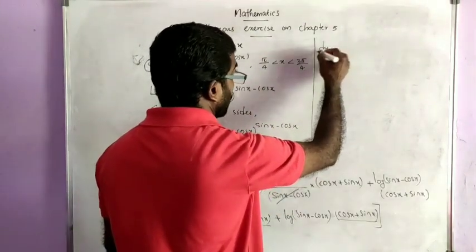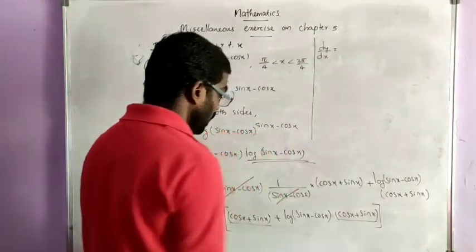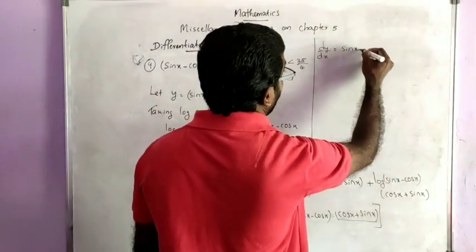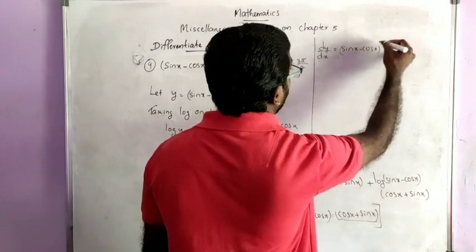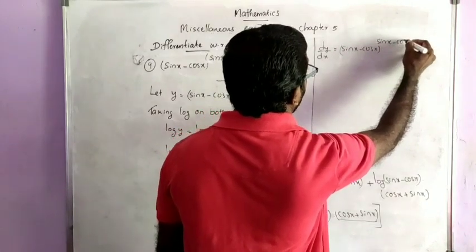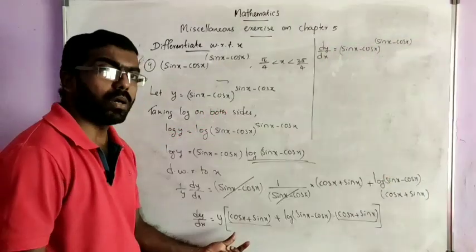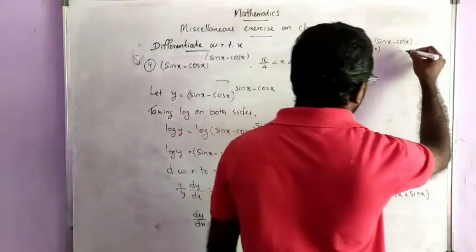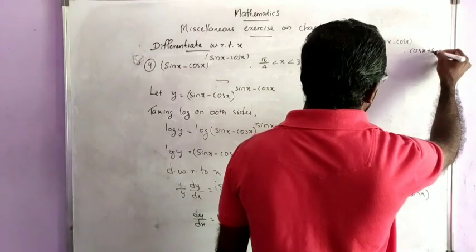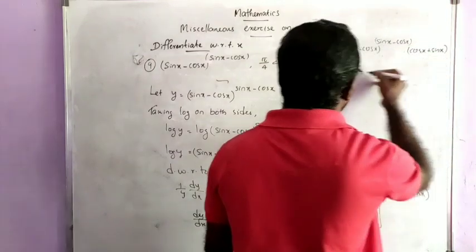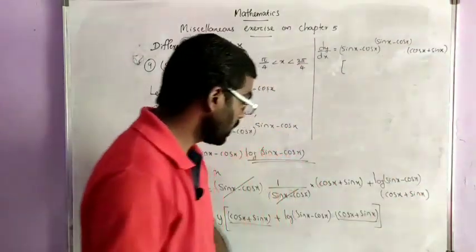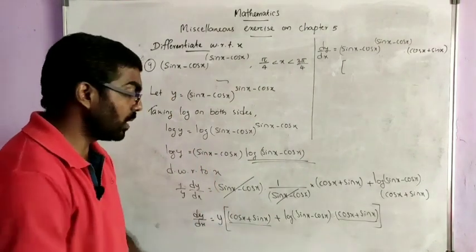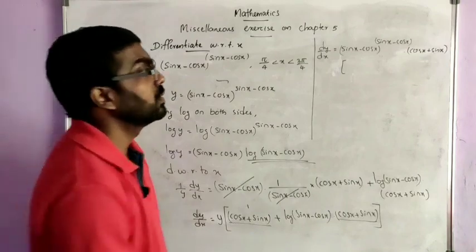So dy by dx is equal to, first of all we can write the y value, that is (sin x minus cos x) the whole raised to (sin x minus cos x), and the common term is what? cos x plus sin x, that we can write, then into, within brackets we can write the remaining terms. Here we take cos x plus sin x out, so the remaining is what? 1.